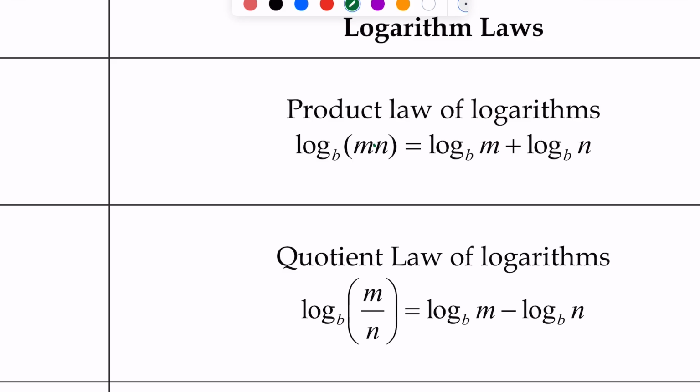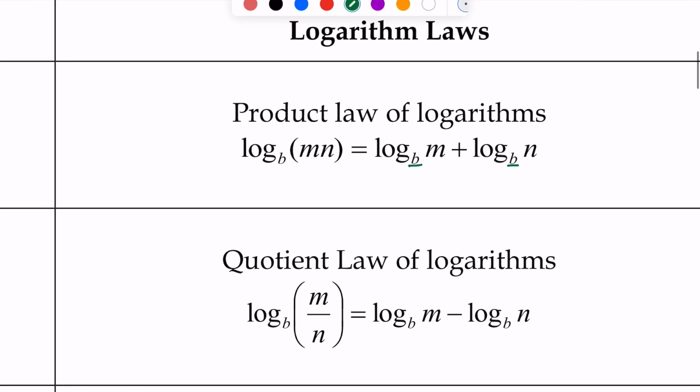What it is saying is that when you can see that there are 2 things being multiplied inside of a log, you can split it up where you do the log of the same base that was on the original, so still b, but you are taking them individually and adding them up, okay? So this is the product law.